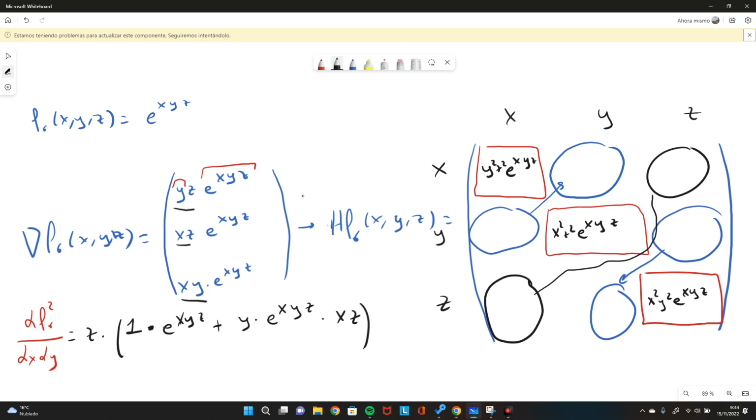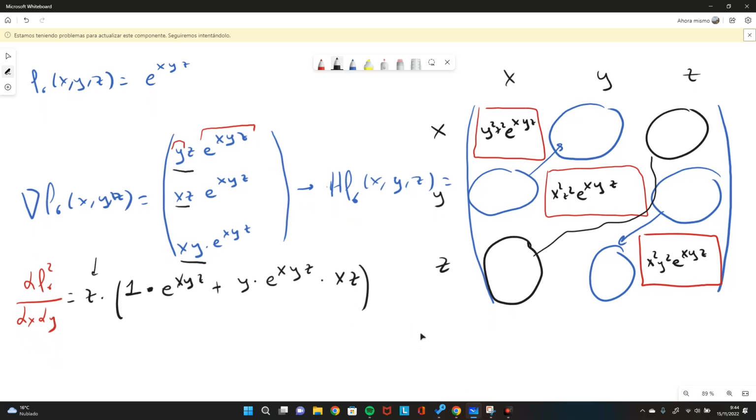And what we have is that the only variable that appears twice is this one. And so, I'm going to actually develop it a little bit more. This is going to be just z times e to the power of xyz plus xyz squared times e to the power of xyz.